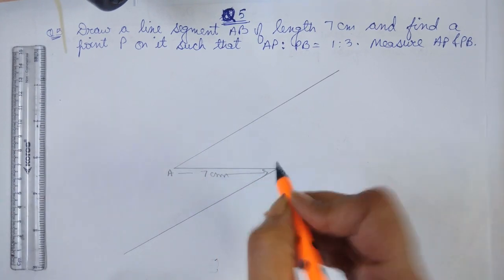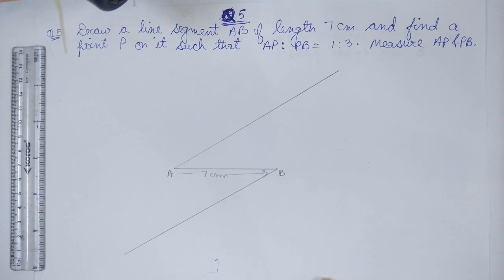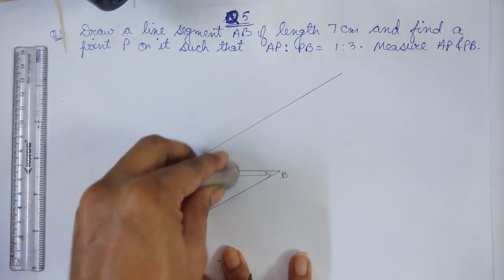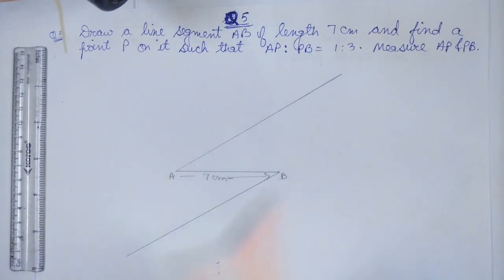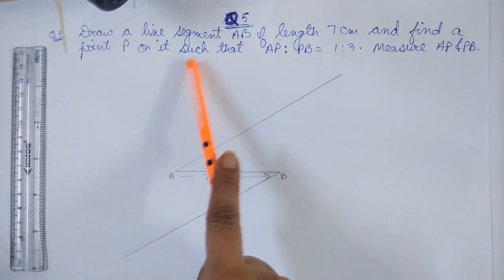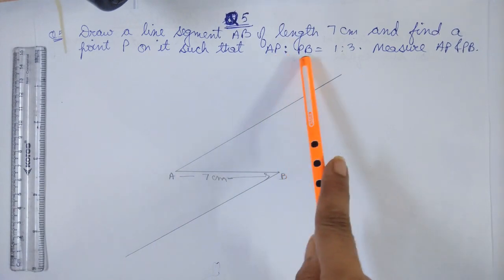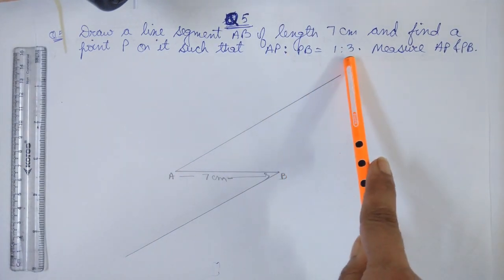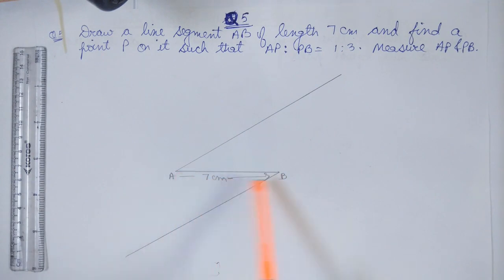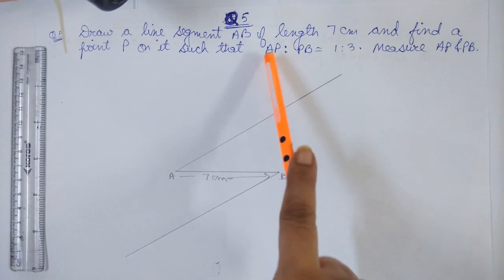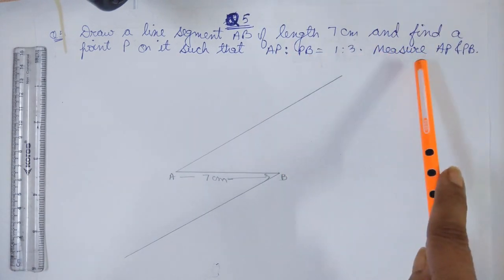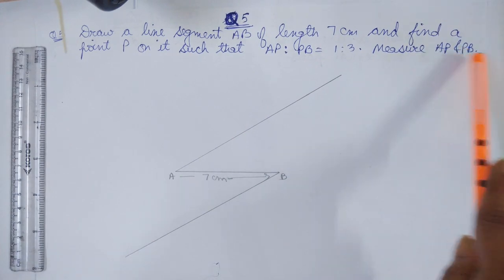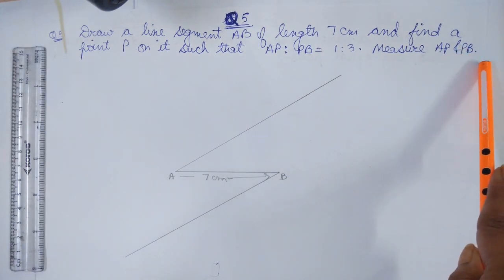Then the question is find a point P on it such that AP ratio PB equal 1:3, and then you have to measure AP and PB.